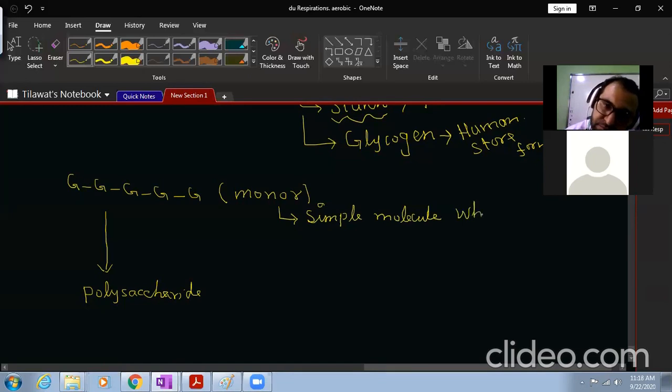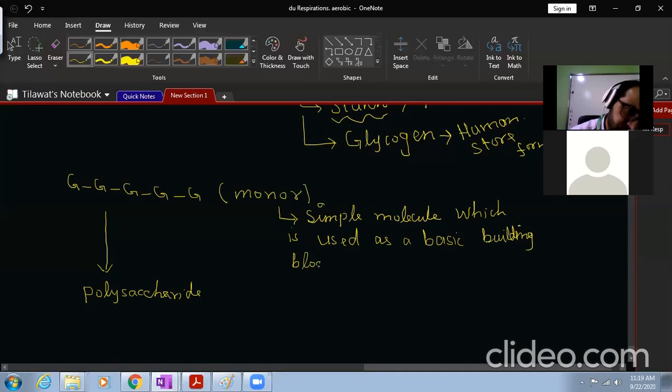which is used as a basic building block for synthesis of, what?